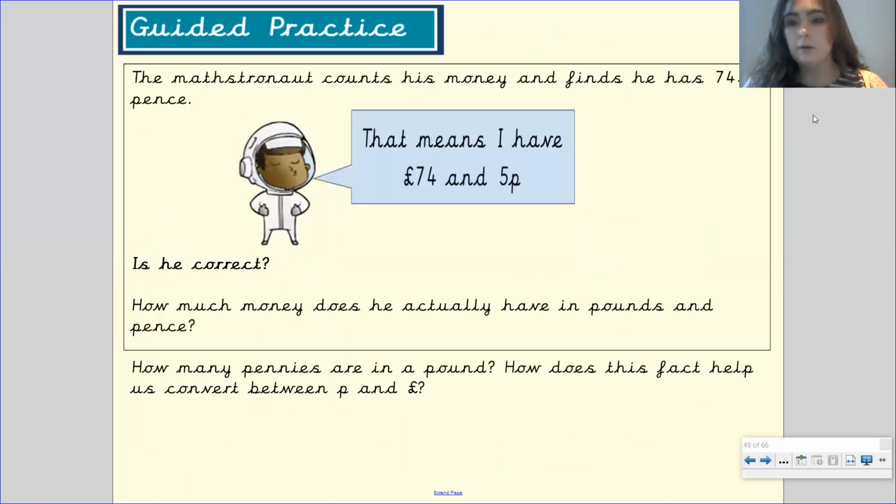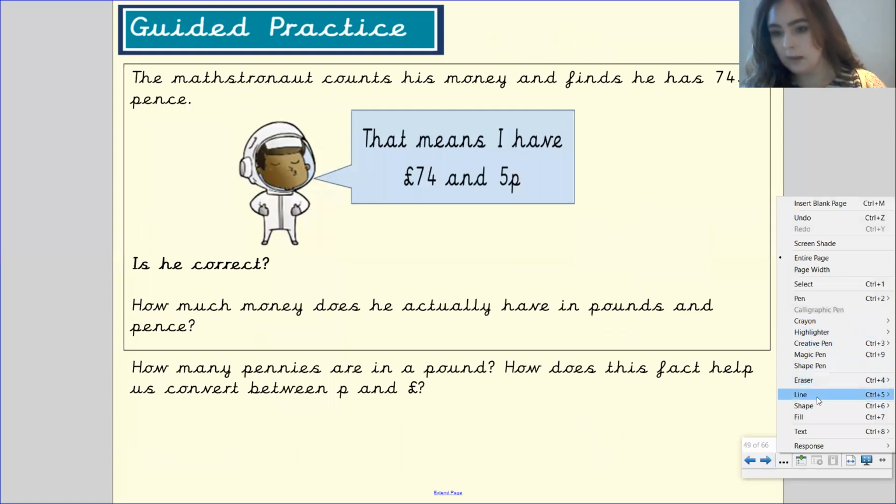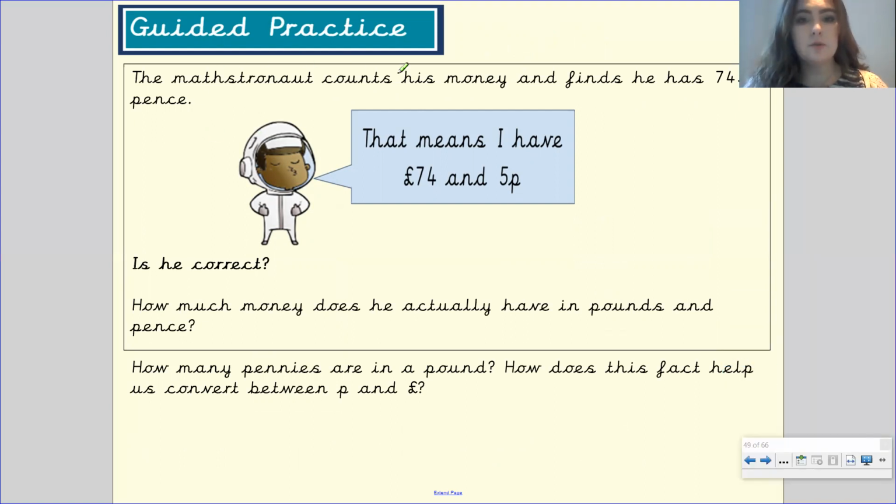Okay, now we have got a word problem question. So let's work through this together. Get my highlighter out. Okay, the astronaut counts his money and finds that he has 745 pence. That means I have 74 pounds and 5 pence.